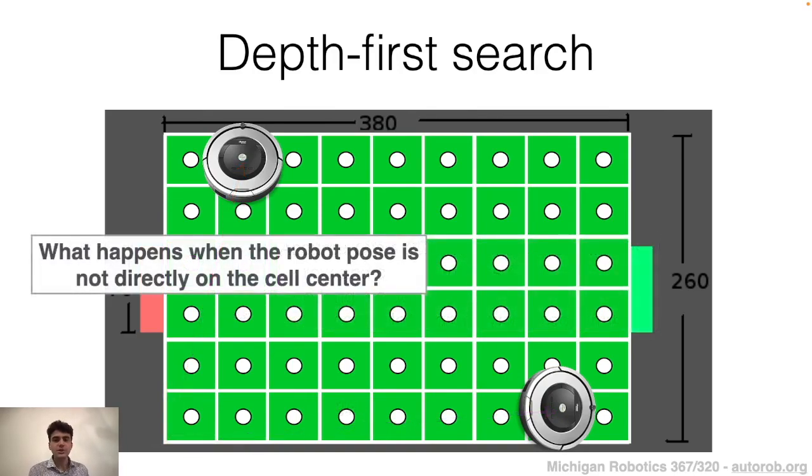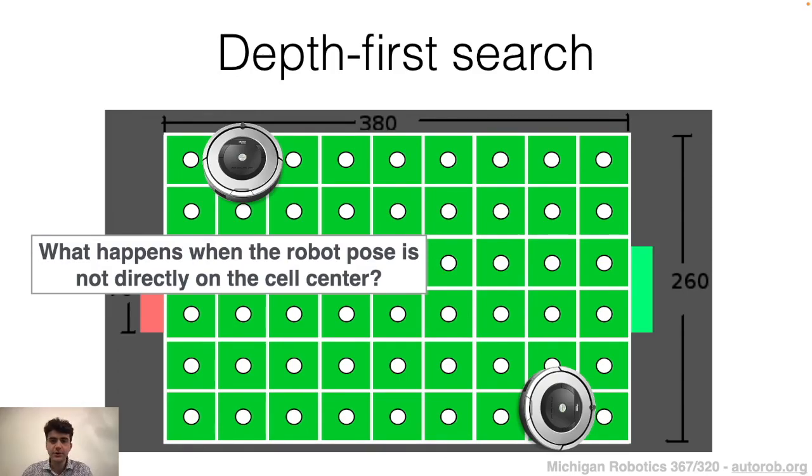One question we should start with is, given some robot pose, whether it's the goal pose, the initial pose or some intermediate pose, what happens if the robot pose doesn't exactly overlap with the center of a cell? Which cell should it be aligned to? Of course, this pose in the two-dimensional soccer field case is a pair of continuous variables, the x coordinate and the y coordinate, whereas our graph is discretized.